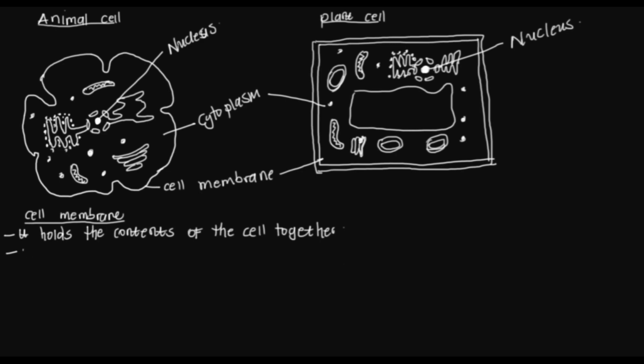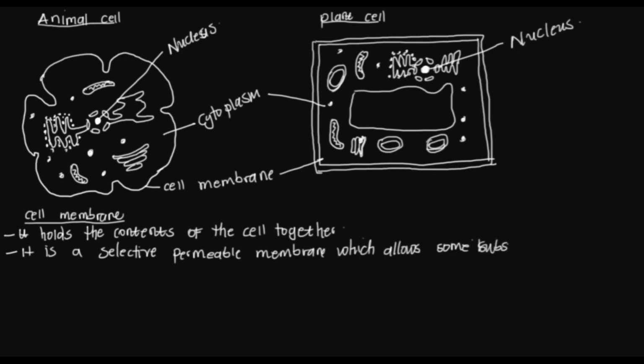So we can say it is a selective permeable membrane which allows some substances to go in and out of a cell.